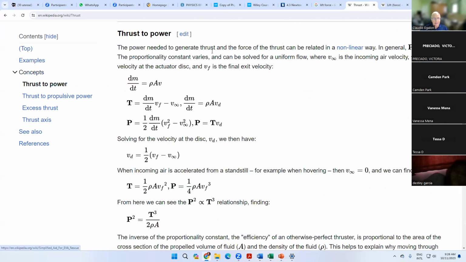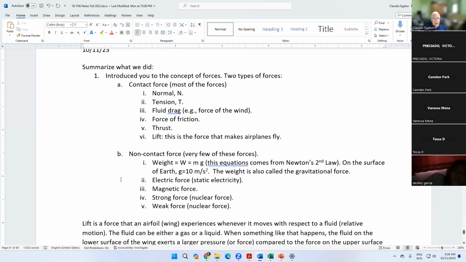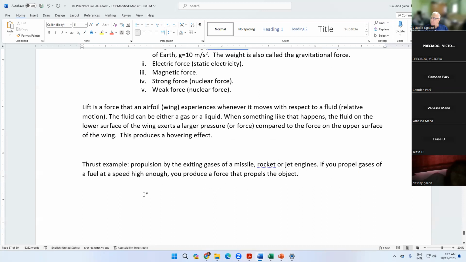Okay, so now we should have a very good idea of the types of force that we have in there. And don't forget, force is a vector.